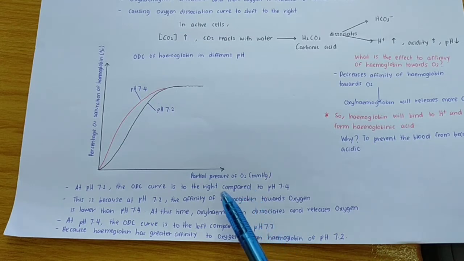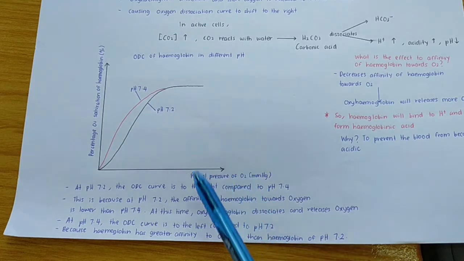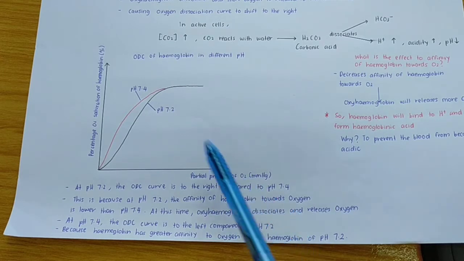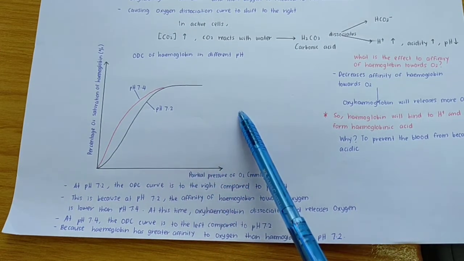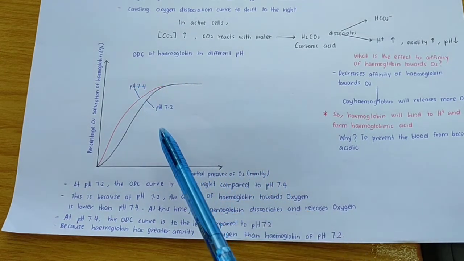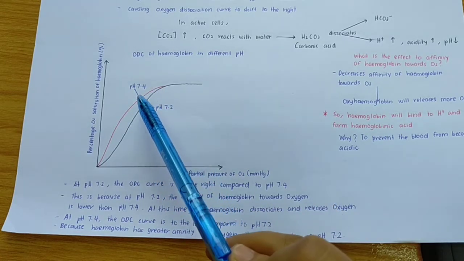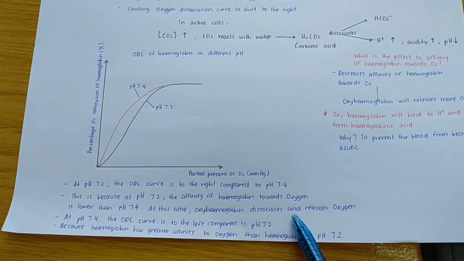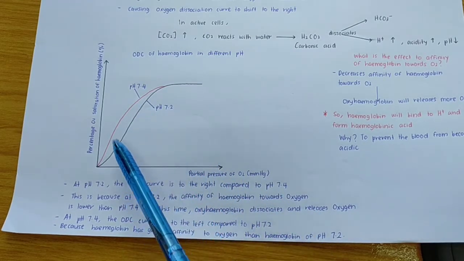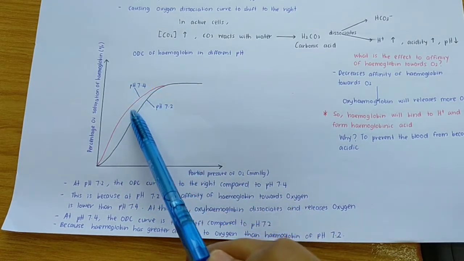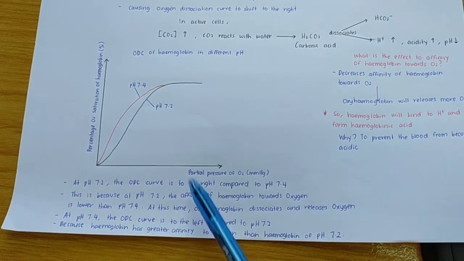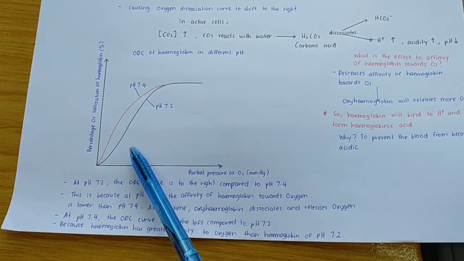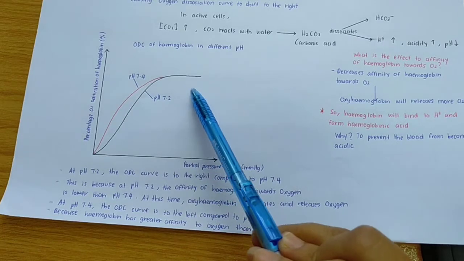Kalau hemoglobin affinity towards oksigen rendah, maksudnya hemoglobin akan lebih senang untuk riliskan oksigen. But for pH 7.4, the ODC curve is to the left. Maksudnya di sebelah kiri compare to pH 7.2. Because hemoglobin at pH 7.4 has greater affinity to oxygen compared to hemoglobin at pH 7.2.